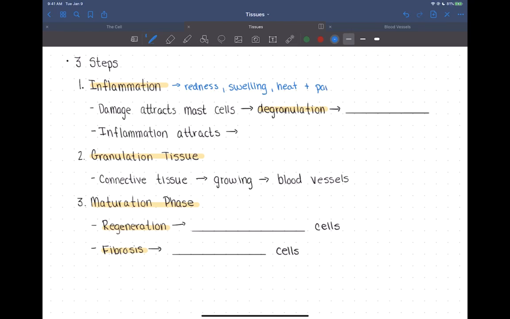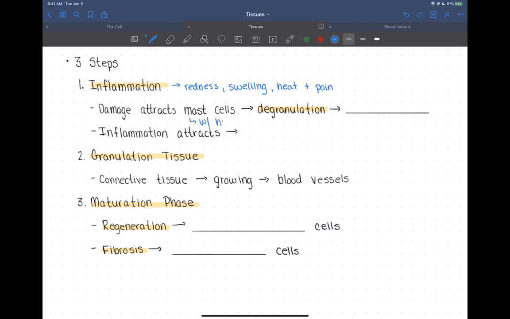Most often inflammation is triggered by the release of histamine. The damage to the tissue attracts cells called mast cells. Mast cells contain granules full of histamine.